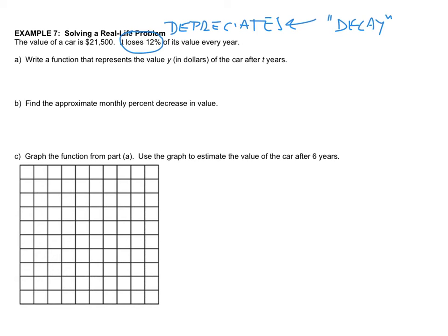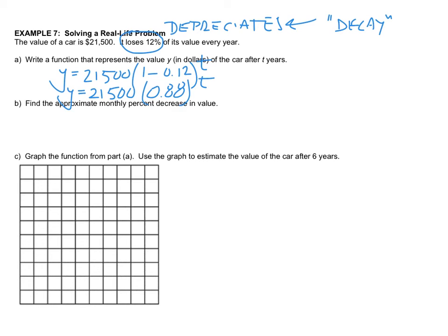So when I write this function out, y is what we are going to have as a value after t years. The initial value is 21,500. If I am losing 12%, I would do 1 minus 0.12. And again, just to fine tune the function, this is going to give me 0.88 to the t. So what is the monthly percent of decrease?